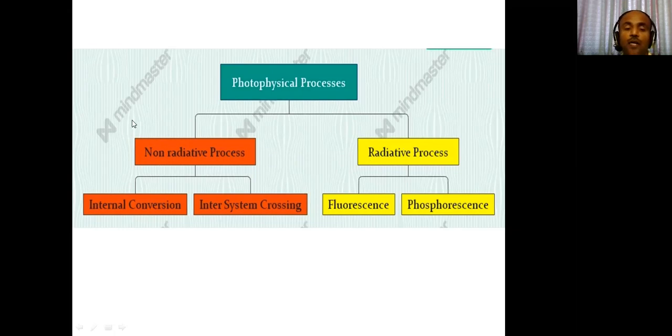Now, non-radiative processes are of two types: internal conversion and inter-system crossing, while radiative processes are of two types: fluorescence and phosphorescence. So the mechanism behind all these phenomena, such as internal conversion, intersystem crossing, fluorescence and phosphorescence, we will discuss in detail while discussing the Jablonski diagram. That is our second presentation on photochemistry.